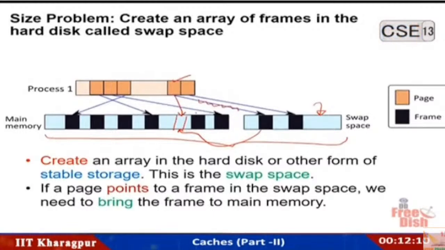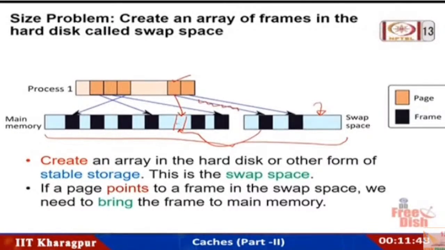Of course, if we don't have free frames in memory, it is similar to not having free ways in a set. In that case, we need to take one frame from main memory and put it in swap space, like do a page replacement, create space, and bring a frame in.